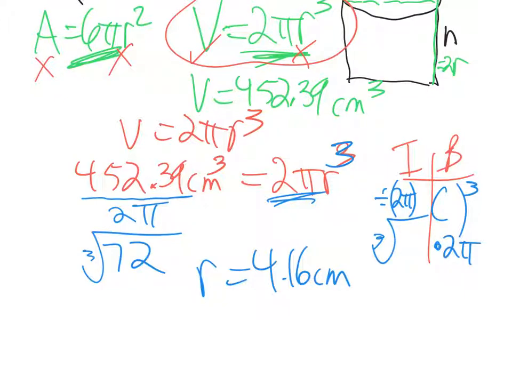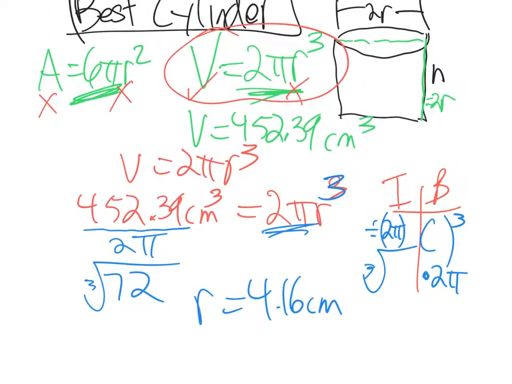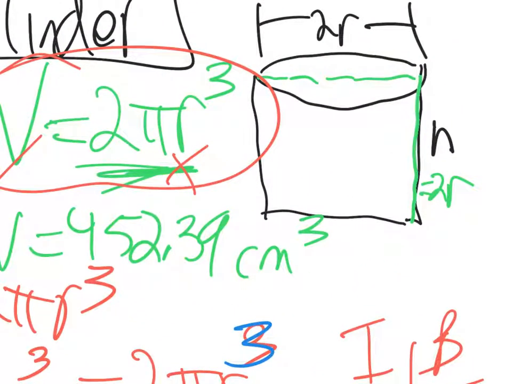So now let's go back and label that diagram. That's going to be 4.16 centimeters to go from there to there. And the height then is twice that, so that would be 8.32. I don't need these dimensions, but I just want to give you an idea what it looks like. So that's the best possible cylinder in terms of saving surface area.